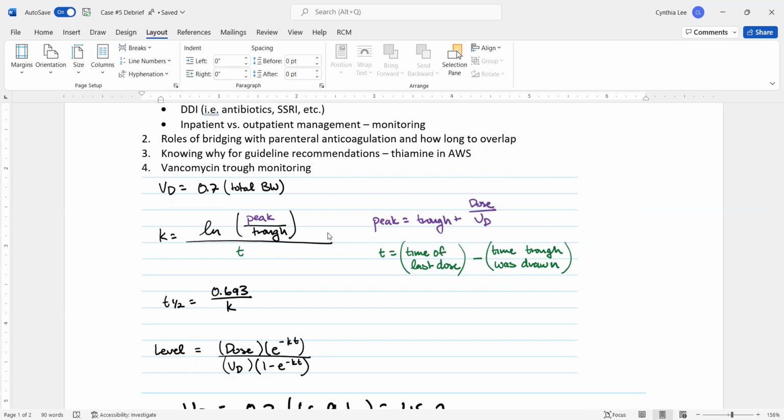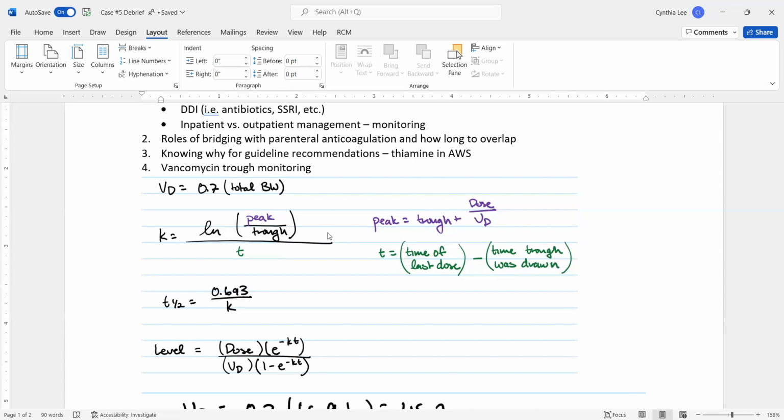So that's why when somebody has unstable renal function, we don't do AUC, because we don't know if that dose is going to be good for the patients, right?